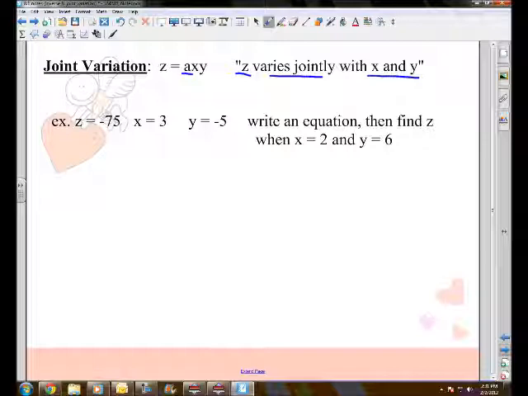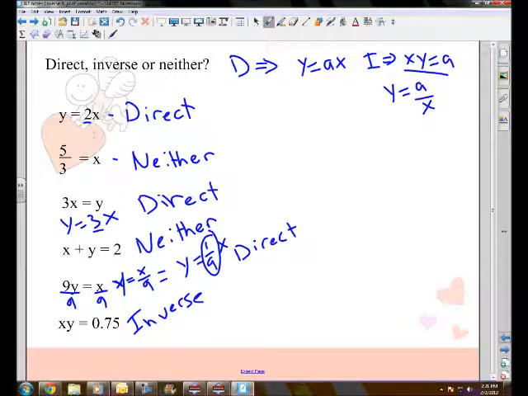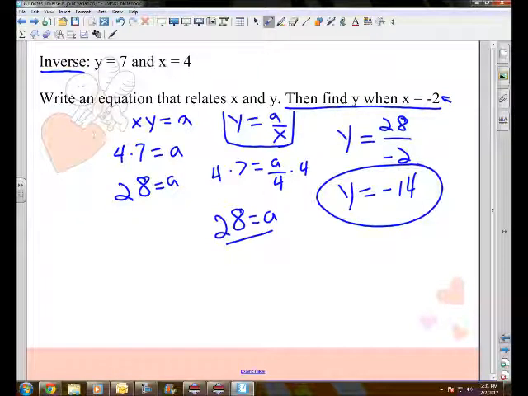Okay, so our directions here say write an equation, then find z when x equals 2 and y equals 6. Well, if we remember from our last slide, the first thing we had to do was to nail down our constant of variation. We had to figure out what a was going to be.